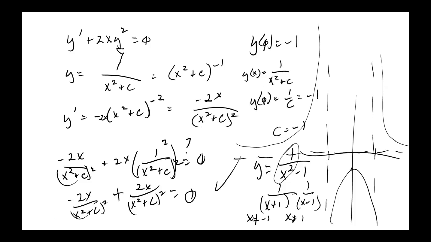Now, which of these curves must be the solution? That's the only one that fits, because x can't be 0 here or here, only here. And this would then be your curve. So not only does your initial condition tell you which curve you have, it may limit the interval over which the whole thing is defined. It can't be defined for x less than -1. Never can be defined at x equal -1. It can't be defined for x greater than positive 1, or even x equal to positive 1. Only place it can be defined is here, because it's the only place it can be 0.